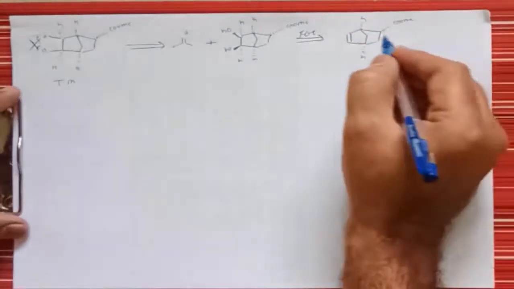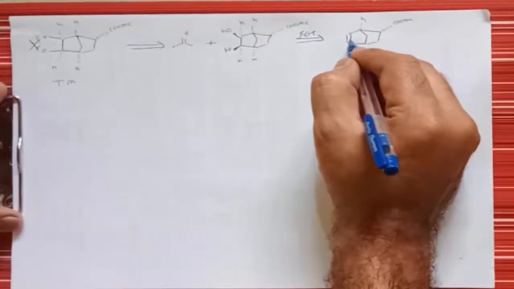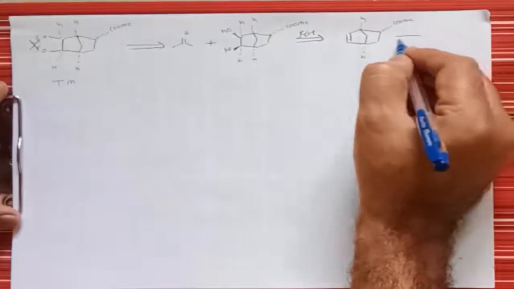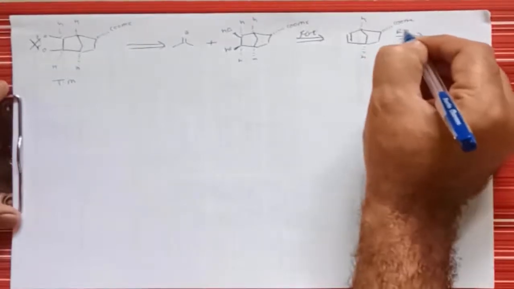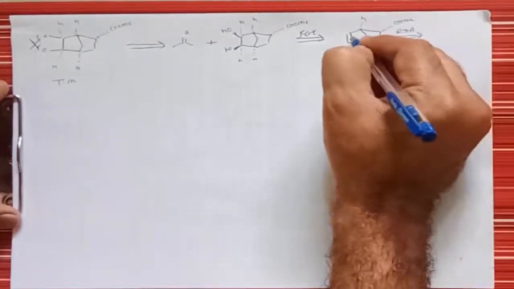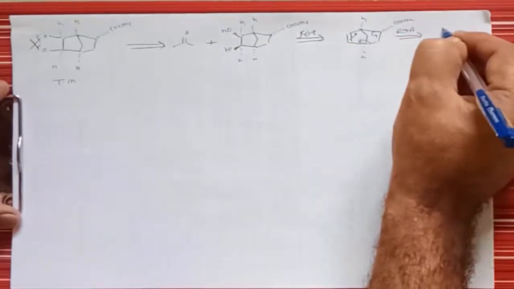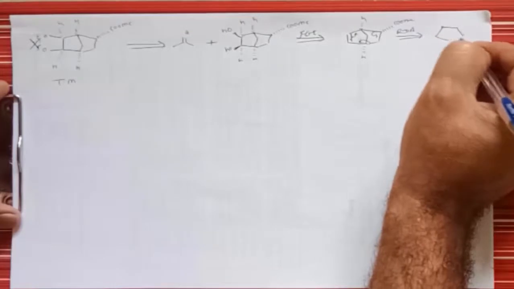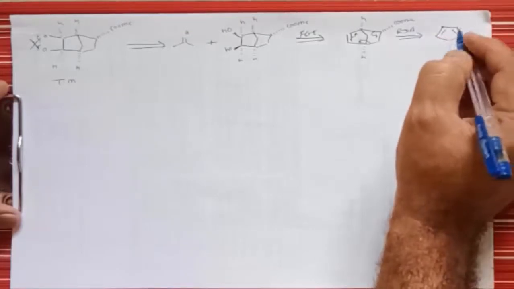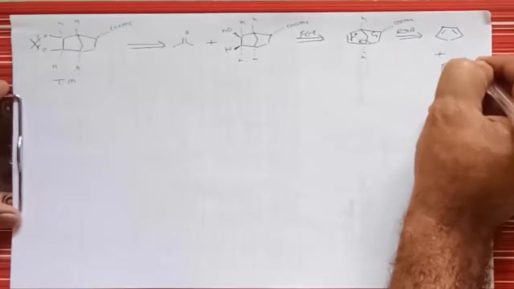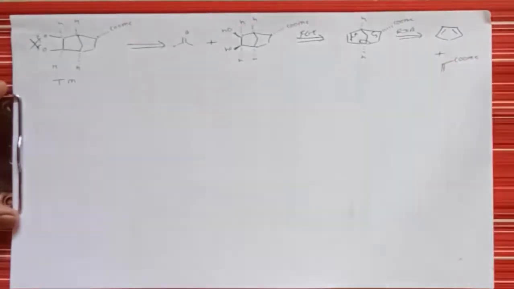And we know that if there is a cyclic system containing a double bond and an electron withdrawing group at this position, then we can go for the retro-Diels-Alder reaction, and in the retro-Diels-Alder reaction we can break the molecule in this way. So it gives formation of a cyclopentadiene along with a molecule like this, COOMe, right?